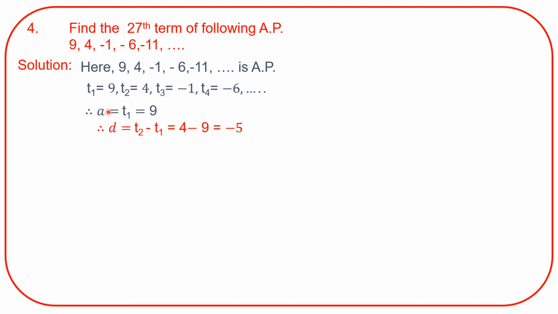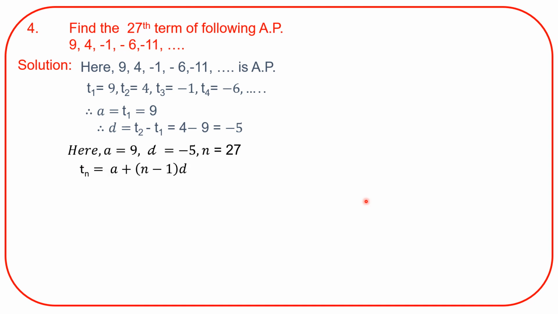Now, the value of A is 9, D is minus 5, N is 27. Write down here: A is equal to 9, D is equal to minus 5, N is equal to 27. Now write down the formula. Tn is equal to A plus in bracket n minus 1 bracket complete into D.